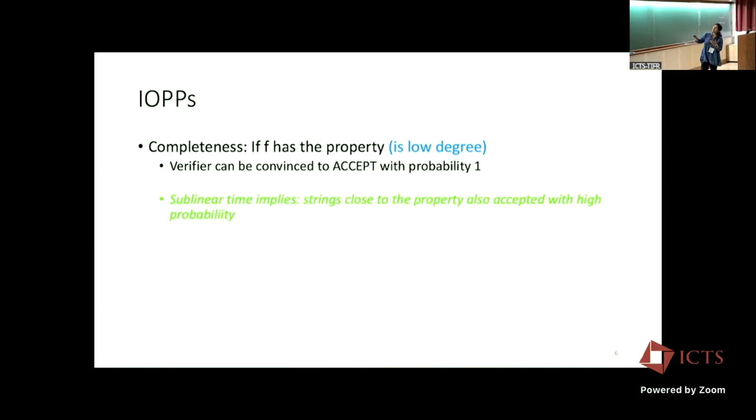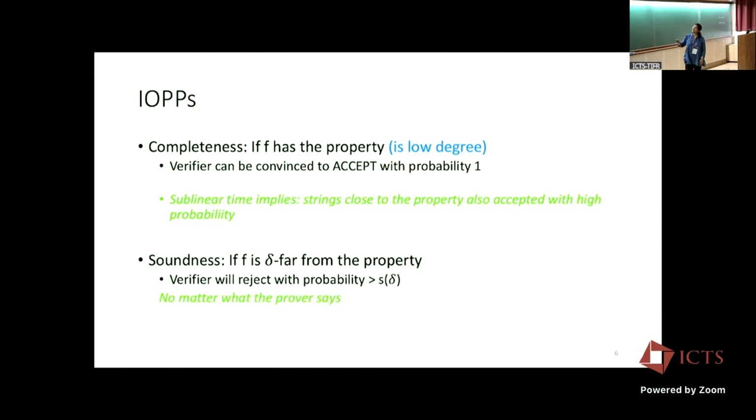If your function has the property, whatever the underlying property might be, and in our case, we'll be testing closeness to low-degree polynomials, you want the verifier to be convinced with probability 1. And if f does not have the property, if you're far from the property, you hope that the verifier will reject with high probability, no matter what prover is there and what the prover outputs.